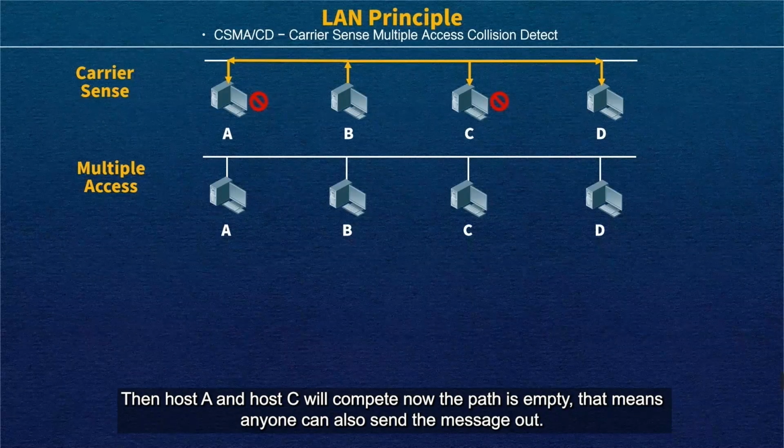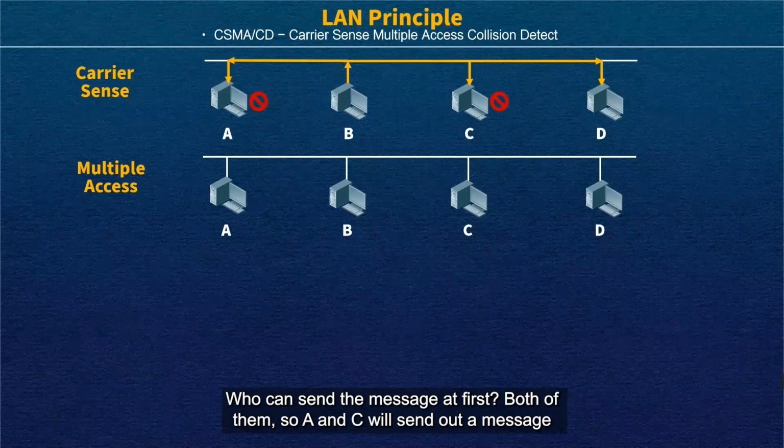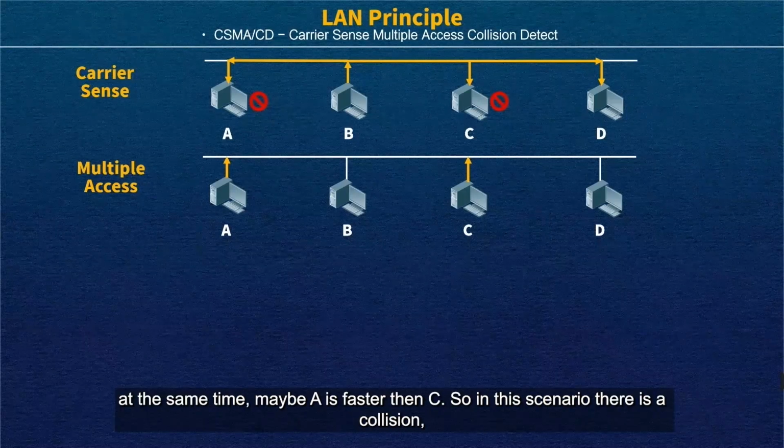Then host A and host C will find that now the path is empty. That means I can also send a message out. Who can send the message first? Both of them. So A and C will send out the message maybe at the same time, or maybe A is faster and C is later.